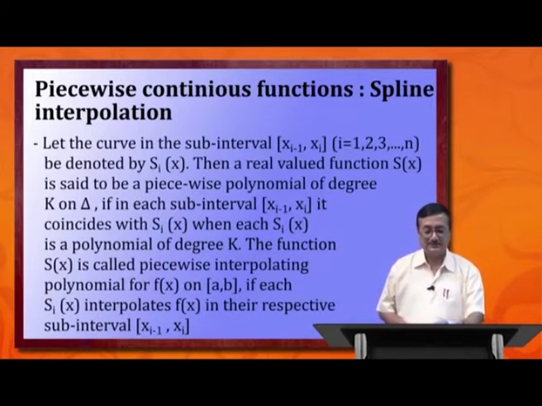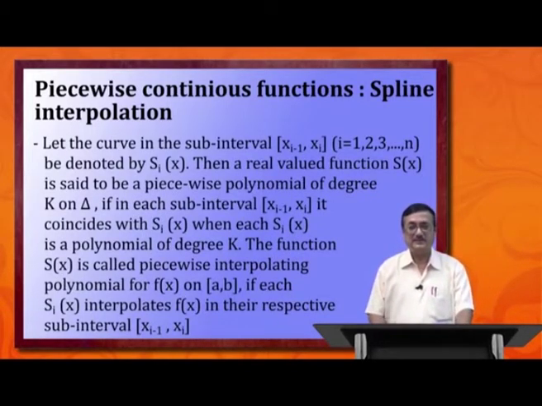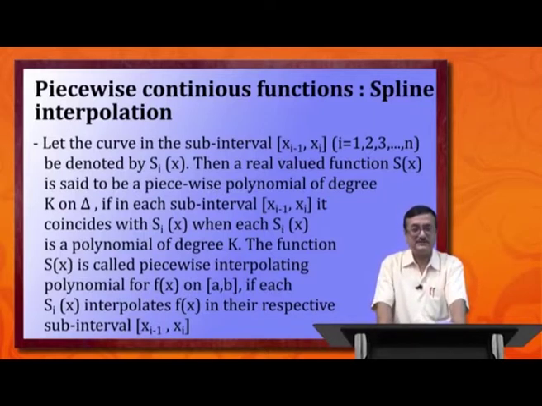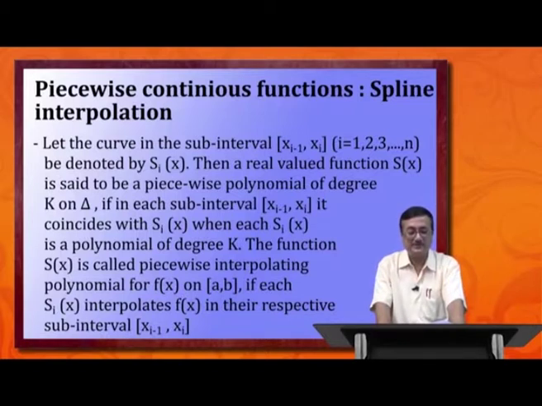Let the curve in the subinterval x_{i-1} to x_i, i equal to 1 to n, be denoted by S_i(x). Then a real valued function S(x) is said to be a piecewise polynomial of degree k on the partition delta if in each subinterval x_{i-1} to x_i it coincides with S_i(x), where each S_i(x) is a polynomial of degree k.